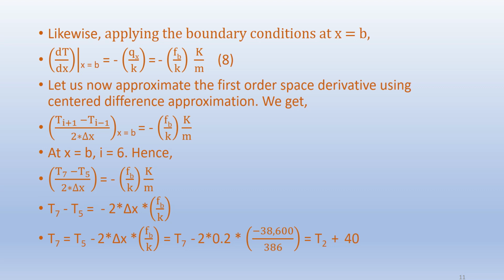Hence (T7 minus T5) by 2 times delta x equals negative Fb over K kelvin per meter. From this, we can find the temperature at the hypothetical node T7 as T7 equals T2 plus 40.